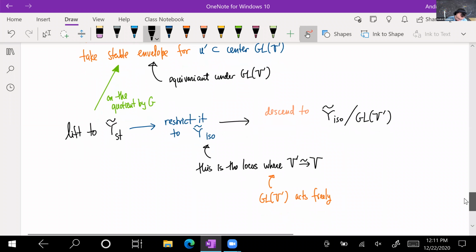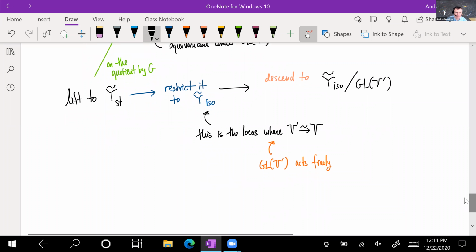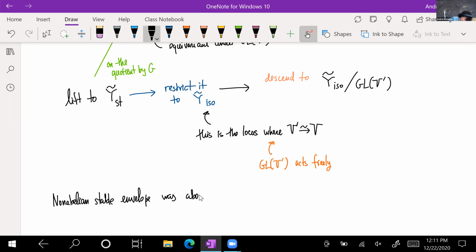And so now, remember that the non-abelian stable envelope was about extending a class from Y stable to Z. That was the point of that.